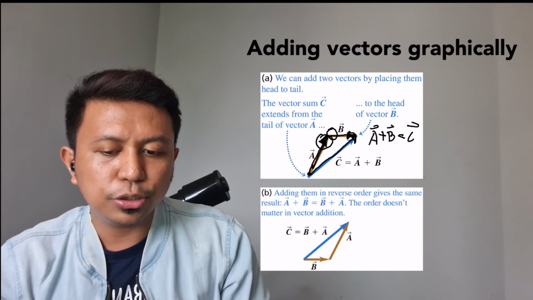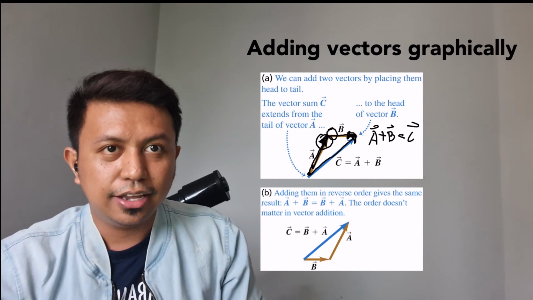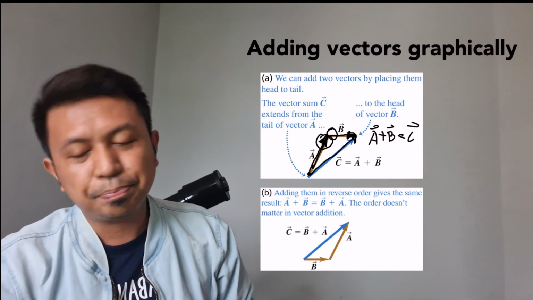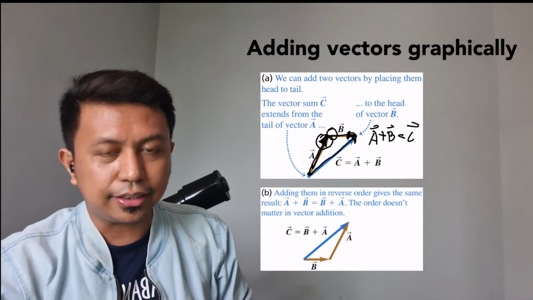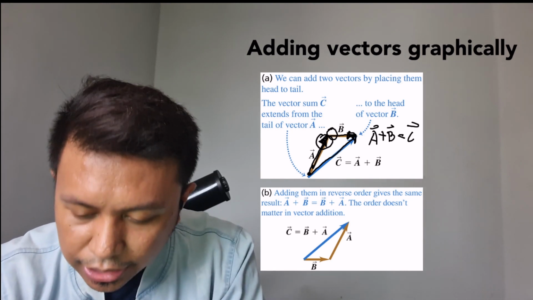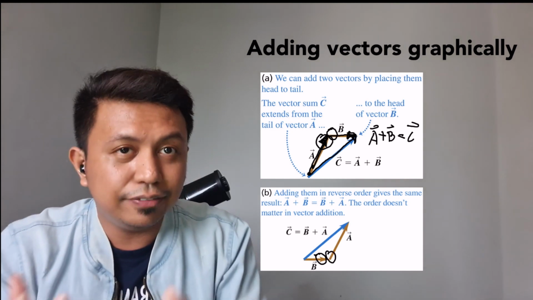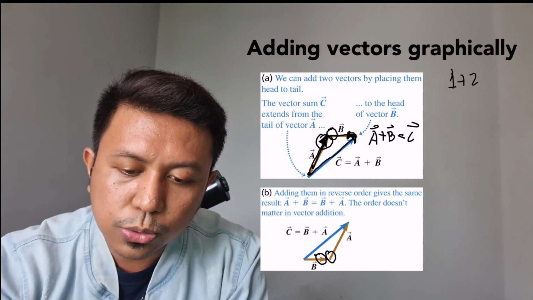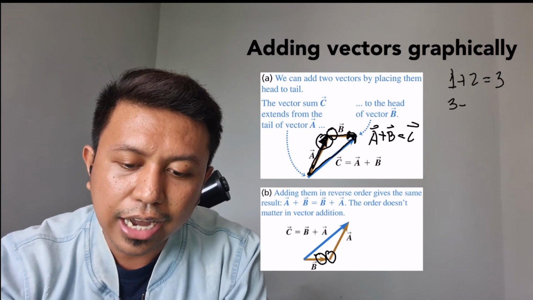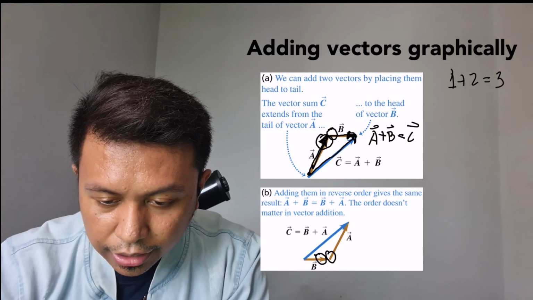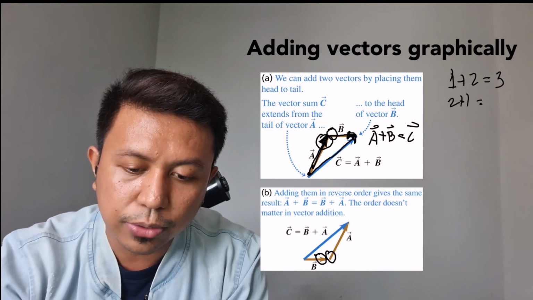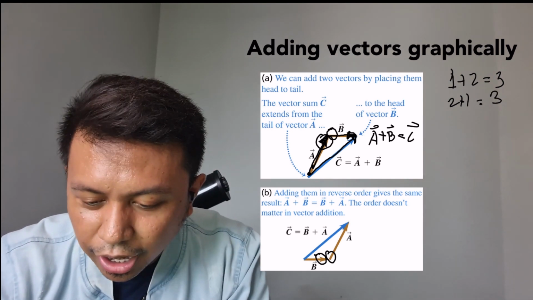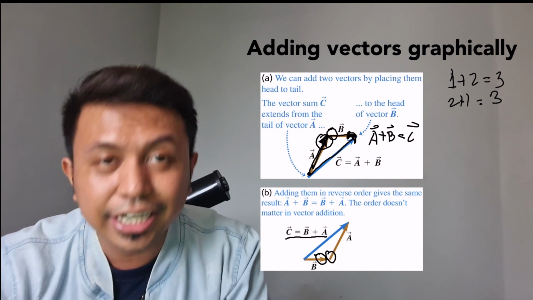Now, Mr. Maramag, how do you put that in number, or how do you solve that? Okay, later on, we'll have an example of solving or adding vectors graphically. For now, let's look at what if you reverse it? Like, for example, you put the head of vector B to the tail of vector A. Is that even possible? Actually, yes. In the same way that 1 plus 2 is equal to 3, 2 plus 1 is also equal to 3. But this is only due to the general sense of the vector.